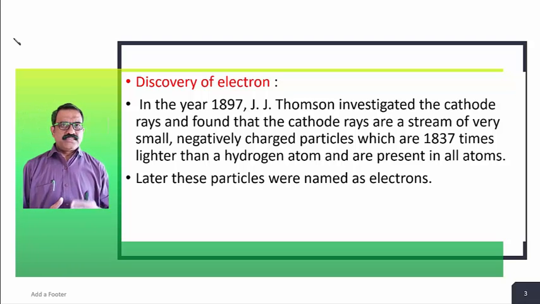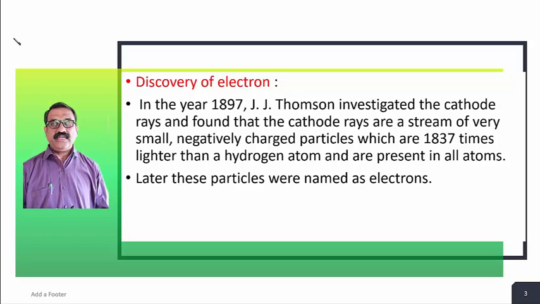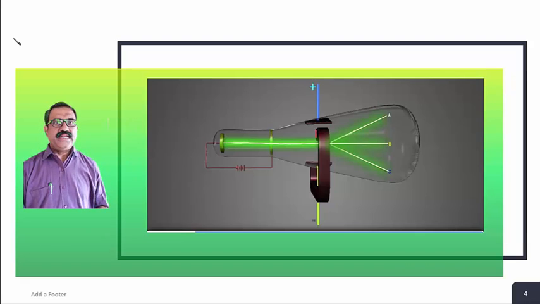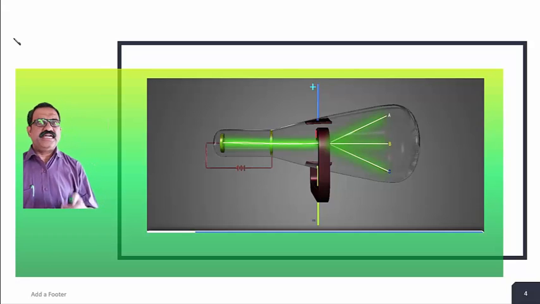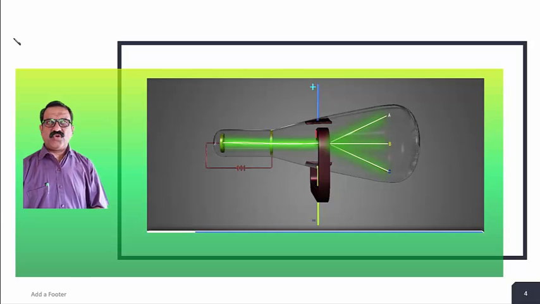Sir J.J. Thomson investigated cathode rays, meaning the rays produced from cathodes. These negatively charged particles are called electrons. See, here is a diagram showing the discovery of cathode rays, later known as electrons.